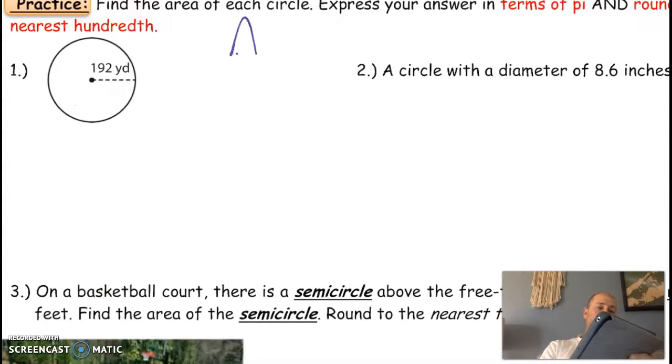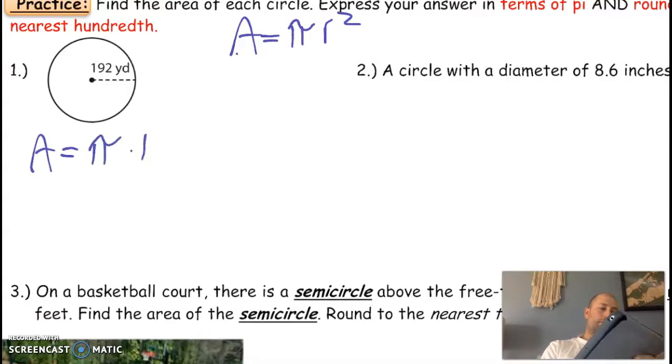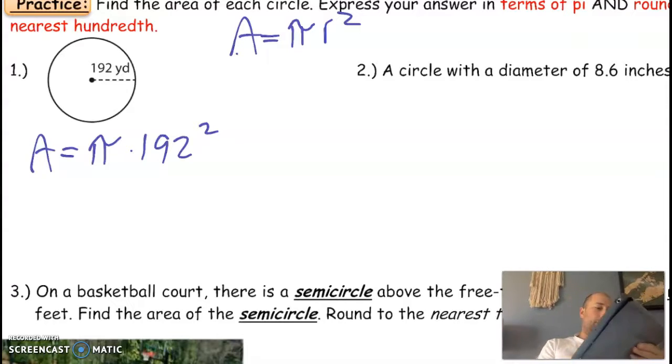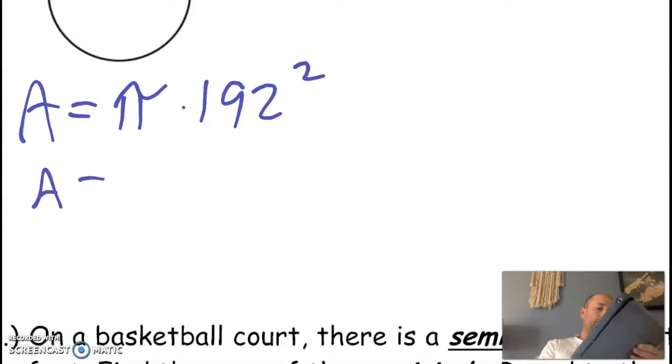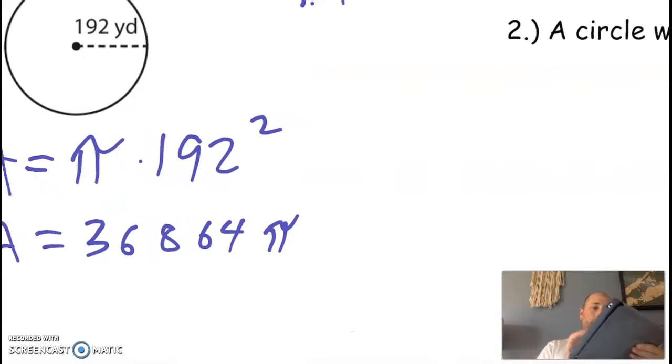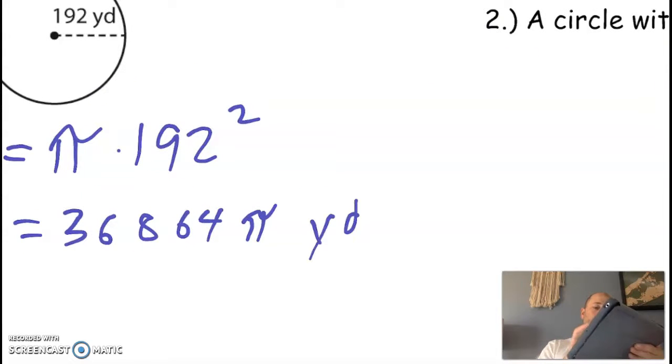All right, for both of these, area equals pi r squared. The radius is 192, so pi times 192 squared. 192 squared is 36,864. Wow, it's a big circle. So 36,864 pi yards squared.